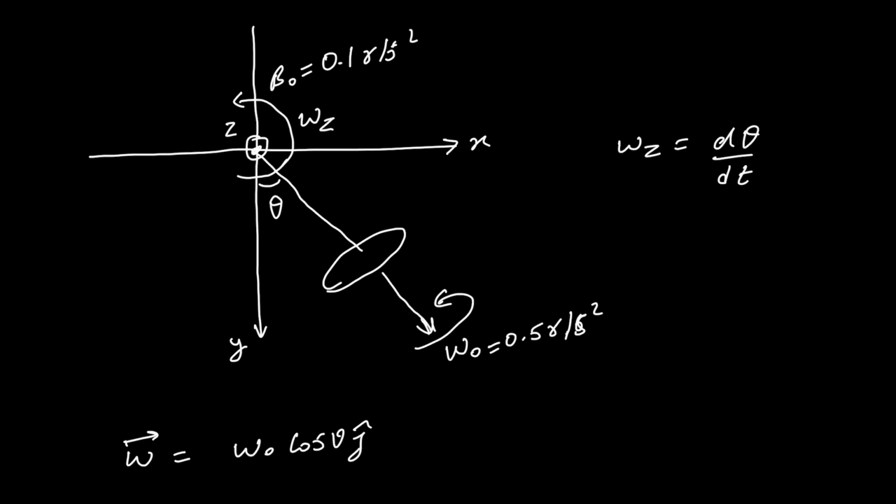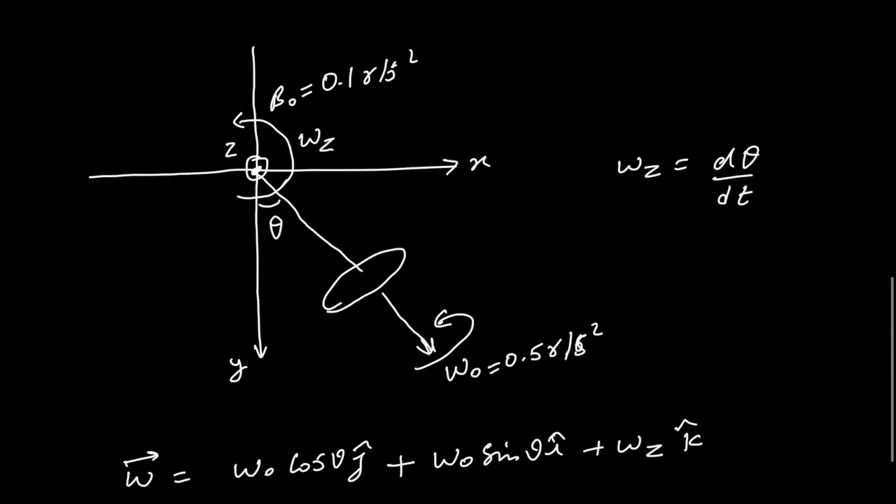At t equal to 0, this was totally along the y axis, and theta was 0. But after some time, at some instant, this is the angular velocity along the y axis. Along the x axis, we will get omega naught sin theta i cap, and we have one more angular velocity along the z axis, that is omega z is the magnitude and k cap will be the direction. So this is our net angular velocity.